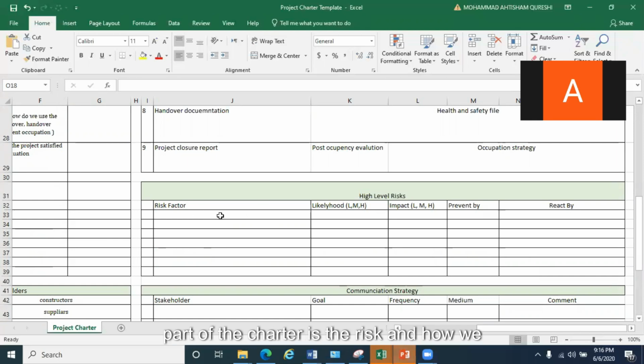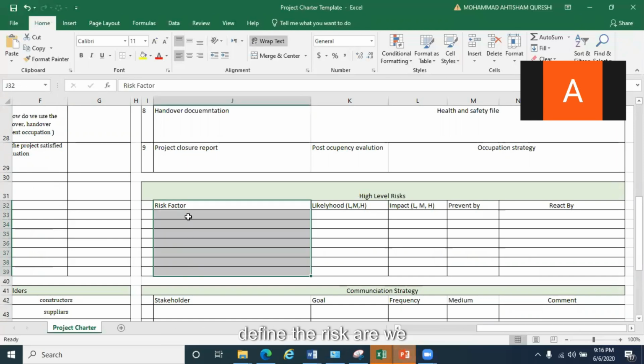The part of the charter is the risk, and how we define the risk: all the identified risk factors we list here. And then likelihood will be low, medium, high. That how likely it is. What is likelihood? Likelihood is the probability, that how likely it is. We think that it will happen or not.